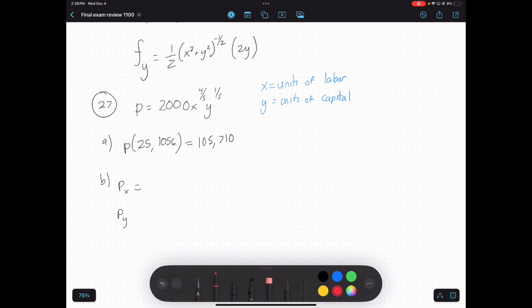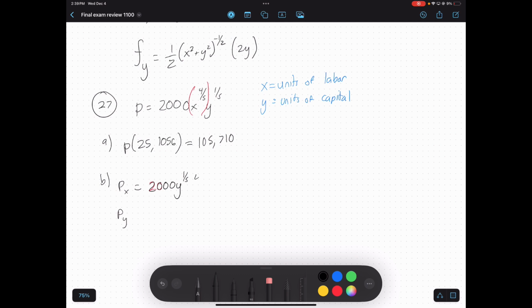If I were to take the derivative of this, I can ignore the 2,000 and take the derivative of everything else. So I'm going to ignore the 2,000 and the Y to the 1/5 and just take the derivative of this piece.